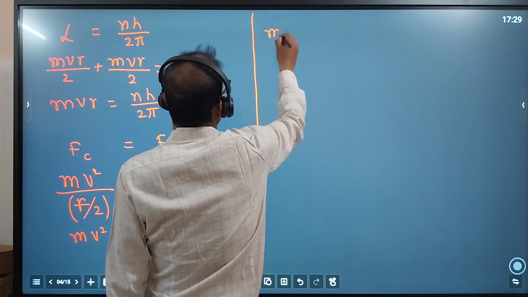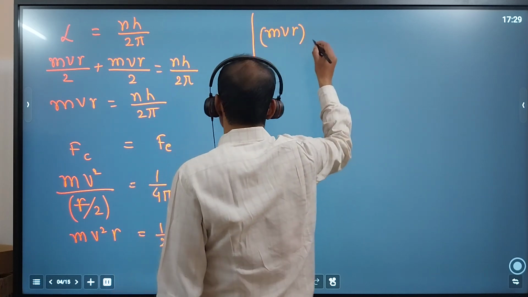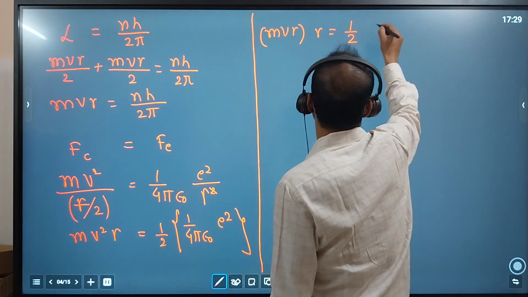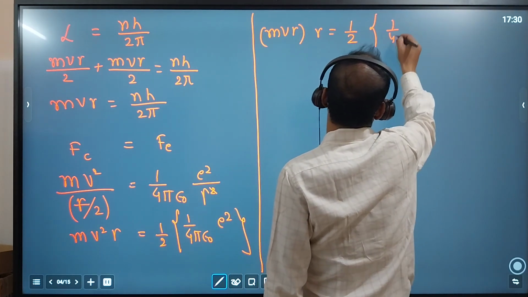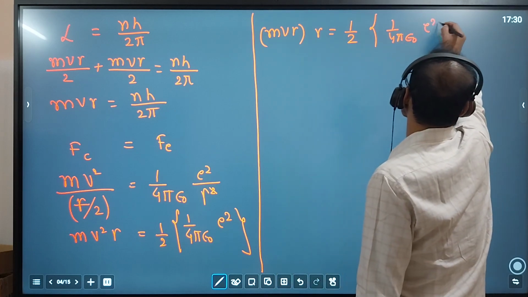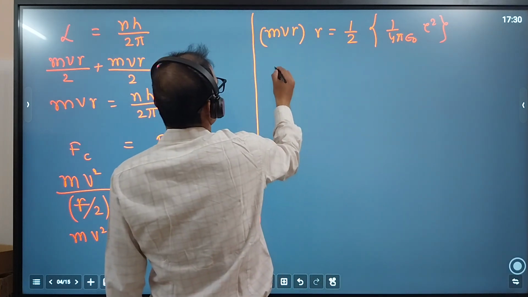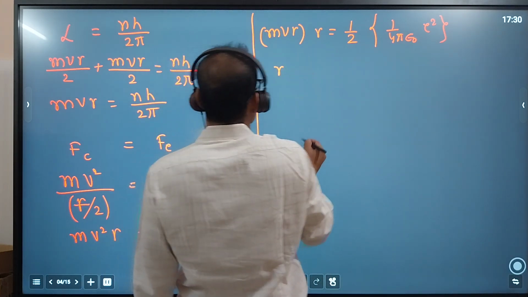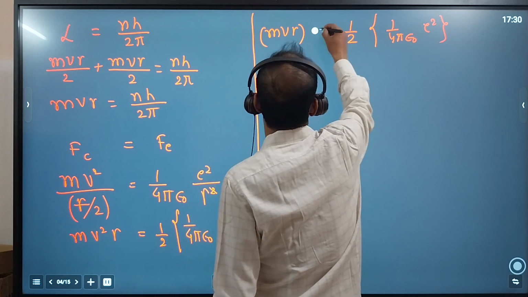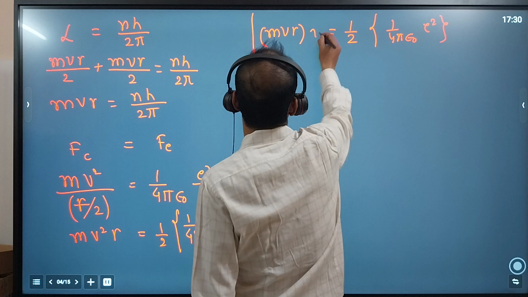This kind of calculation, mvr equals half 1 by 4 pi epsilon naught e square, we do in Bohr's model. So here, actually it is v. v is present twice. Okay, r is present only once.